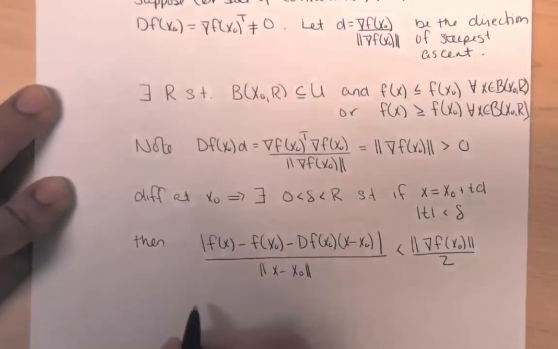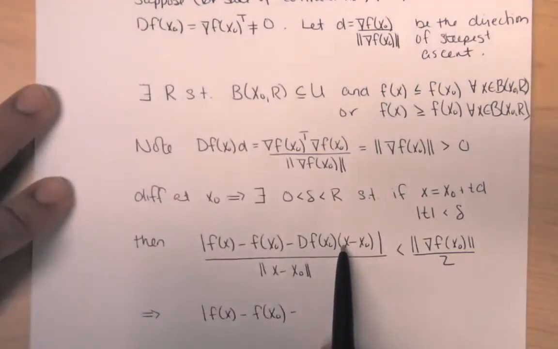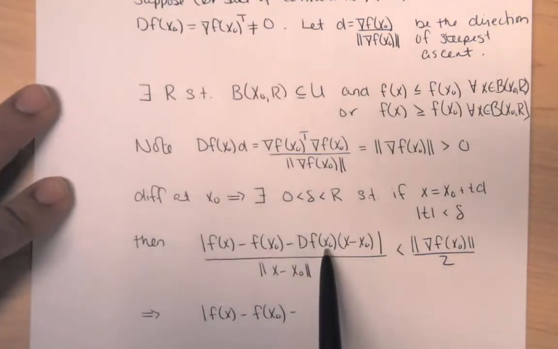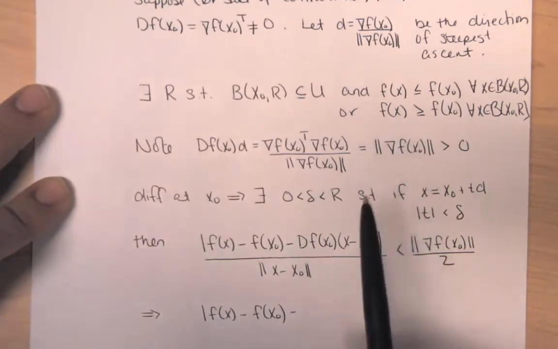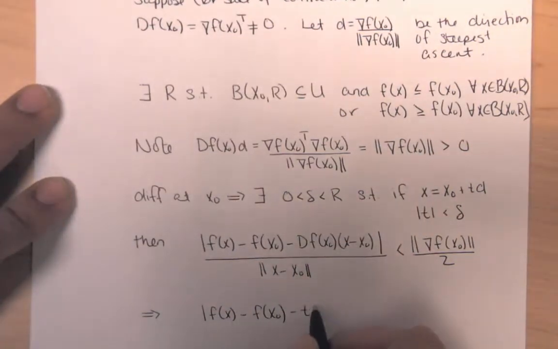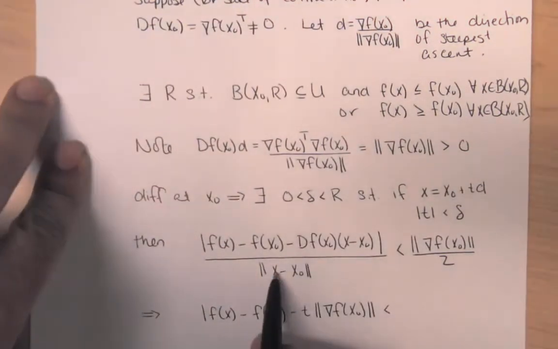So I can rearrange this to be f of x minus f of x naught minus, now if this is t times d, well then it's t times this, and I know what that size is, so I get t times the norm of the gradient of f at x naught is less than, now what is this?